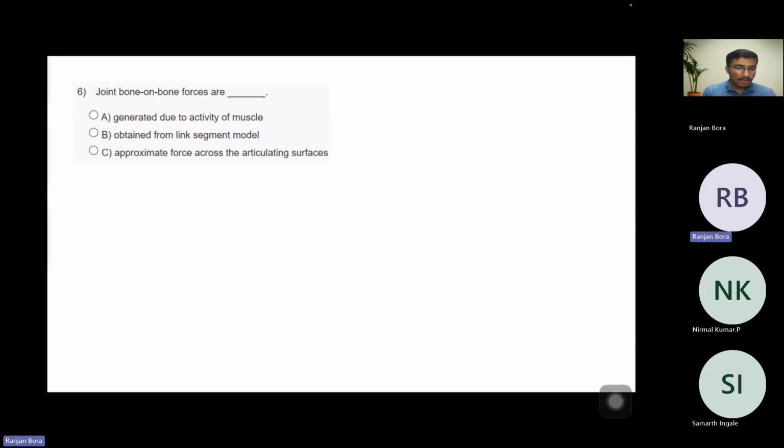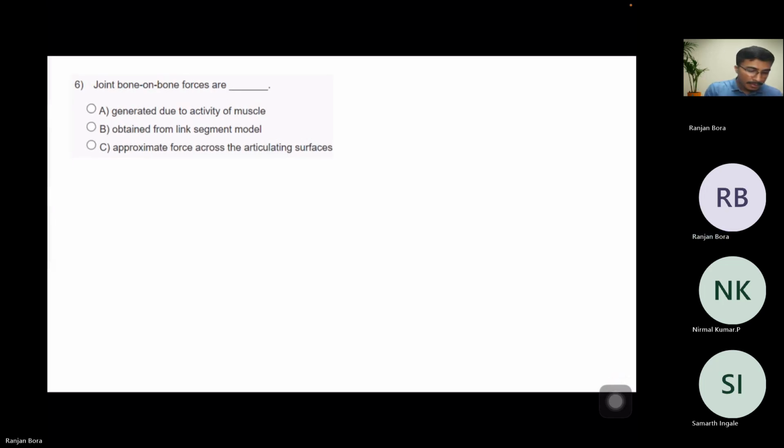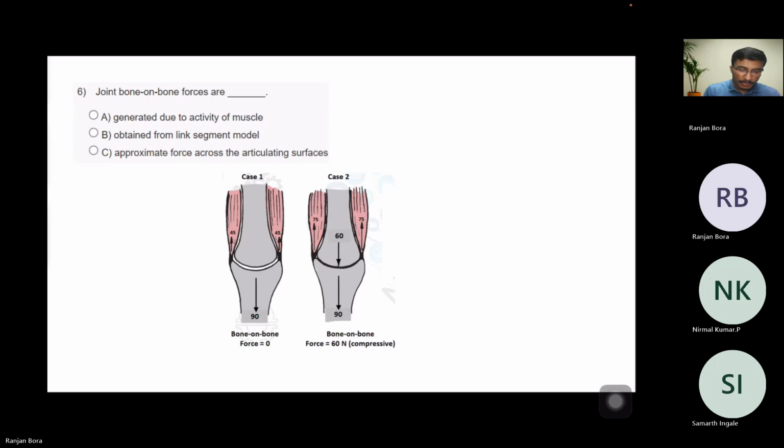Okay, next question is joint bone on bone forces are. What are the causes for bone on bone forces? You can see now in case one, this 90 Newton is the weight of the lower bone, and the muscles are not in the excited state, means muscles are not active in this case one.